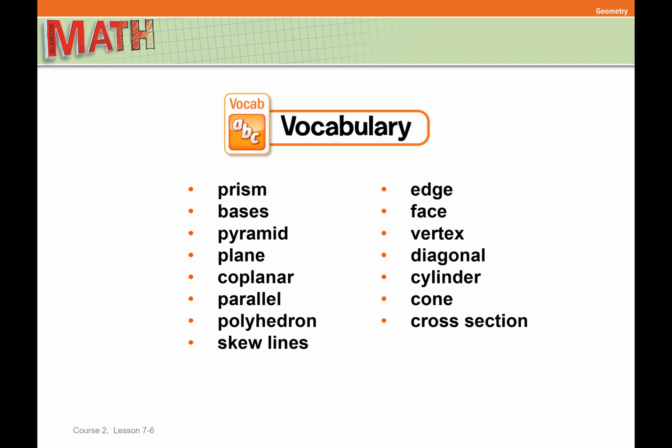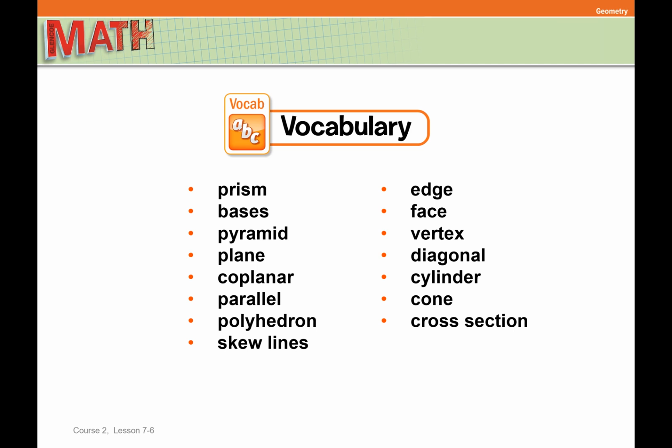And the prism will be named based on what those bases are. Like, if the bases are pentagons, then it will be a pentagonal prism. If the bases are triangles, it will be a triangular prism. We'll see a little bit more about that.